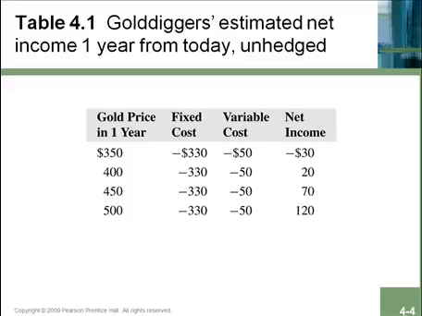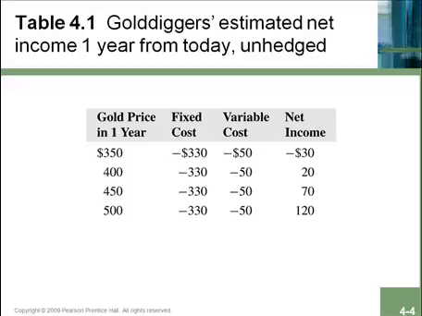So if in a year's time the price of gold is over $380 an ounce, Gold Diggers will make money. They will have a positive net income. But if it is less than $380 an ounce, which is a possibility in this scenario, then Gold Diggers will lose money. So there's some uncertainty here about exactly how much profit the company will earn, and in fact, even if the company will earn a profit at all.